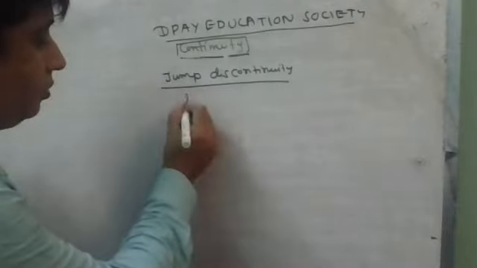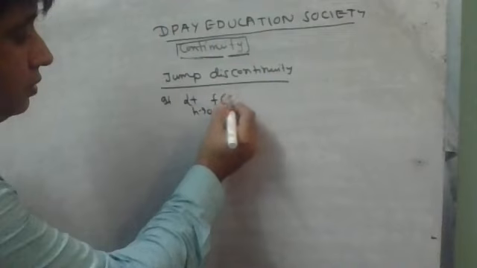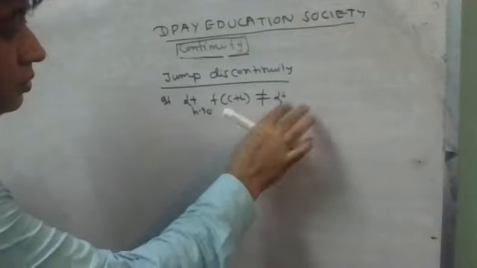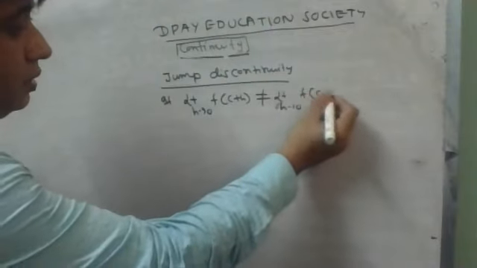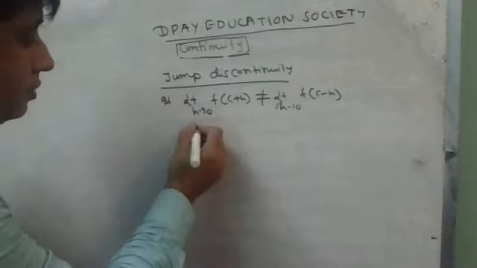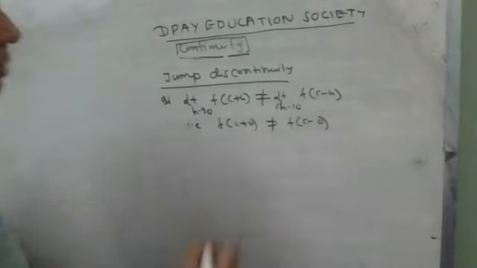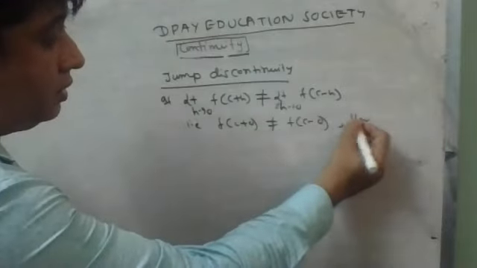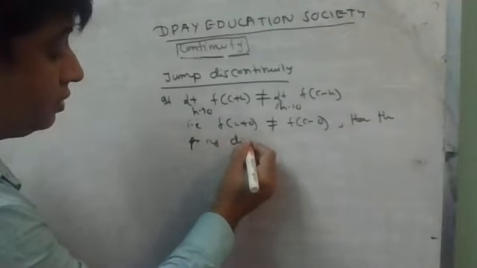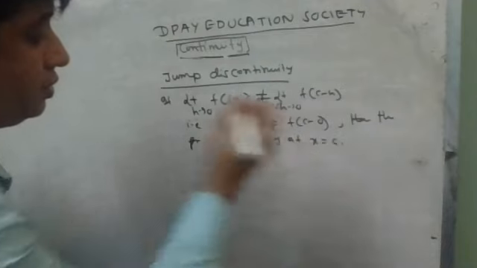You have already come to know that if limit h tends to 0 of f(c plus h) is not equal to limit h tends to 0 of f(c minus h), that is, f(c plus 0) is not equal to f(c minus 0), then the function is discontinuous at x is equal to c.